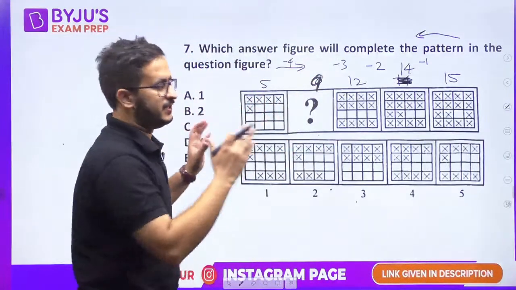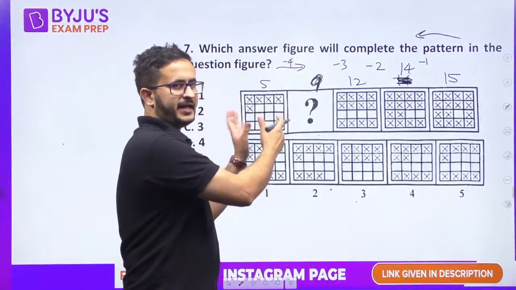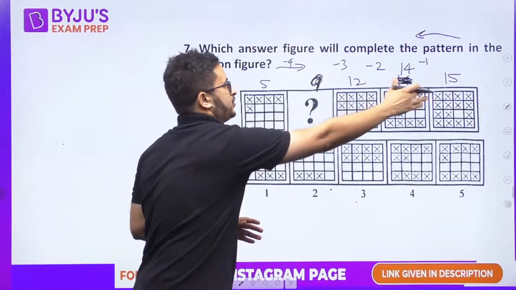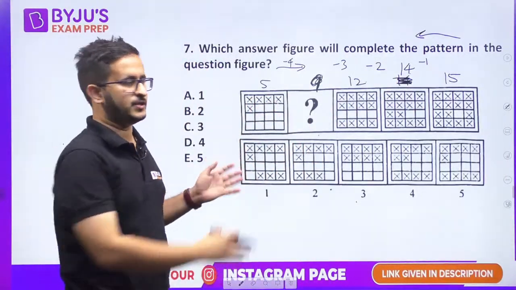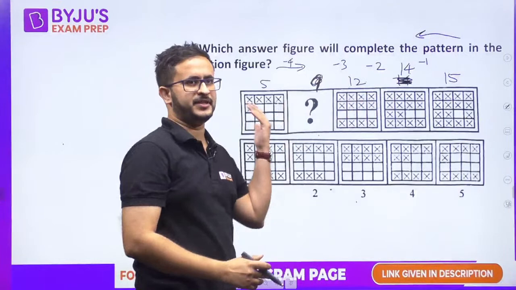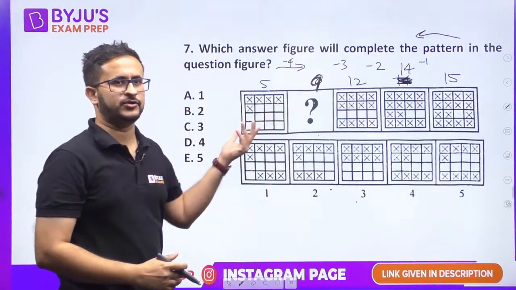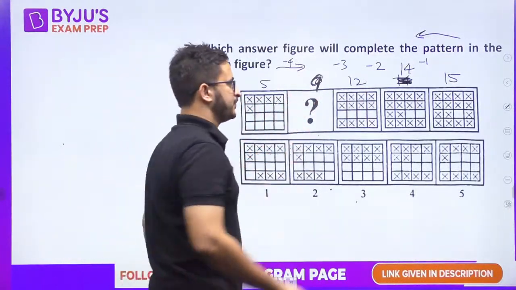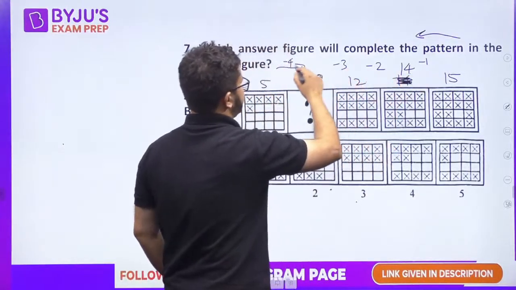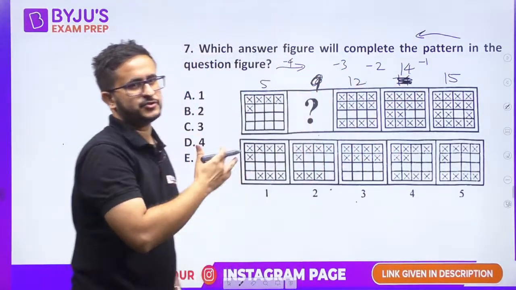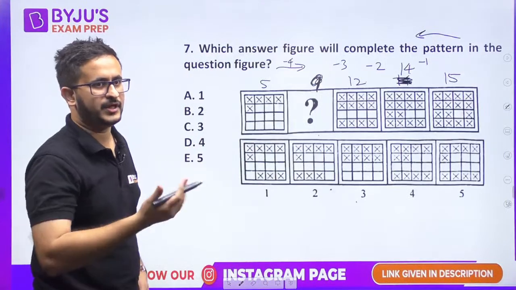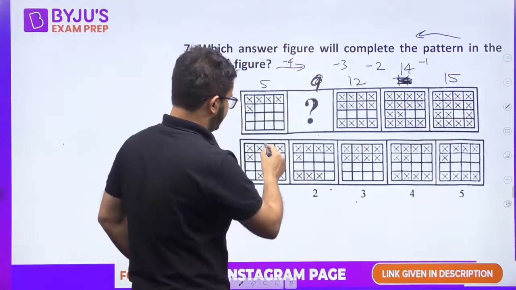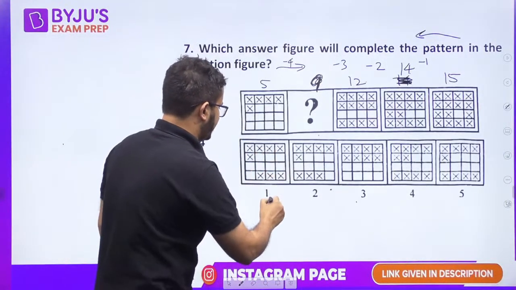So see, if the blank is towards the left or right side, make sure that you see in the other direction. It is not necessary to look from here to there, you can also look from there to here. It's a series, it will follow the pattern in both directions. Okay, so -1, -2, -3, -4. So it justifies that there should be 9 crosses. If you see this, there are 8 crosses.